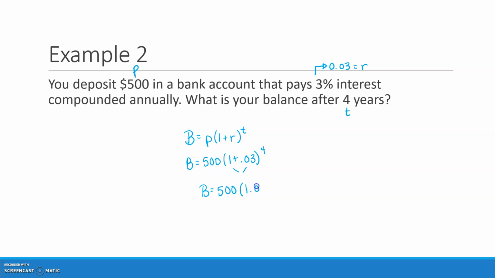So that'll be 1.03 to the 4th power. I need to do 1.03, raise it to the 4th power, and I get 1.26. And then I need to take that answer and multiply it by 500. And I'm going to get B equals $562.75. And this is the balance after 4 years.